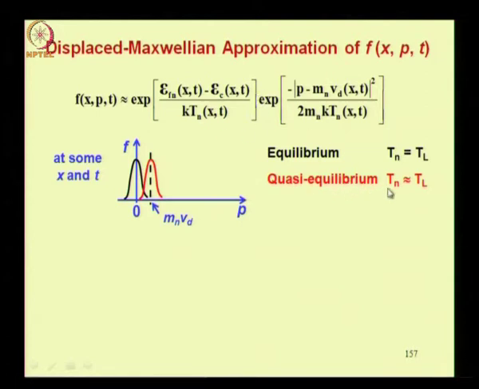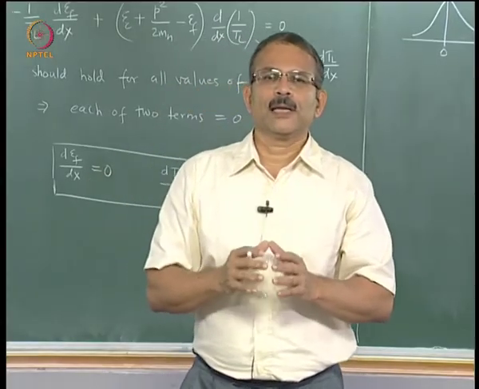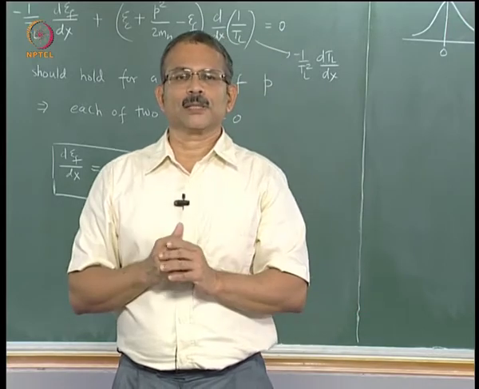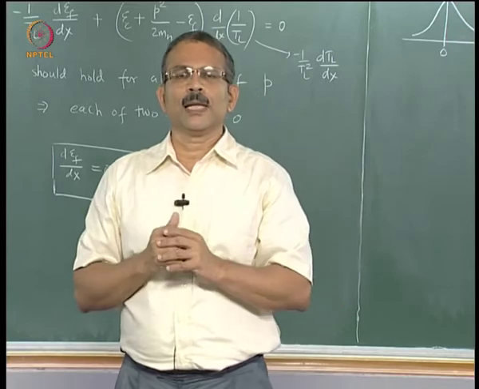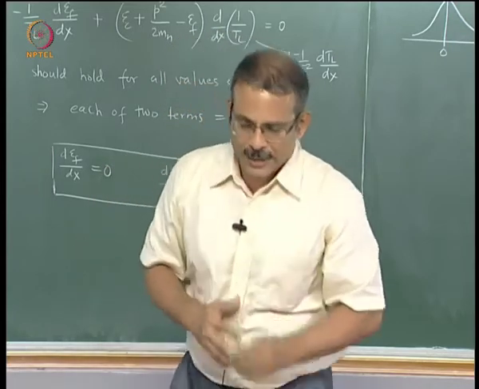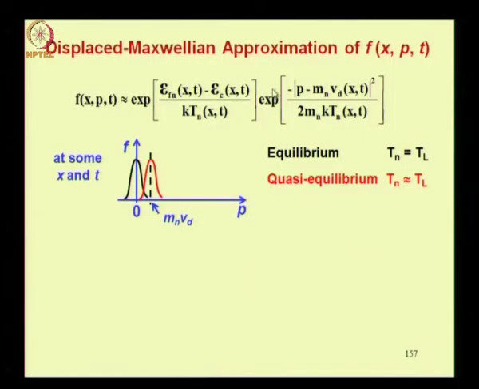Quasi-equilibrium is characterized by the condition that the electron temperature Tn is approximately equal to the lattice temperature. We have already introduced the concept of carrier temperature and how the population of carriers can have a different temperature than the lattice under non-equilibrium. Now if the carrier temperature is approximately equal to TL, then it is quasi-equilibrium. In equilibrium Tn is equal to TL.